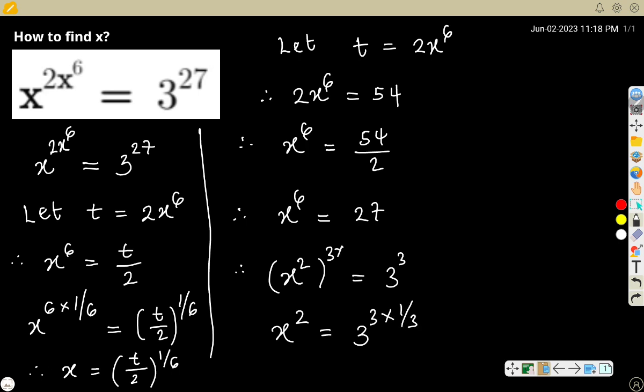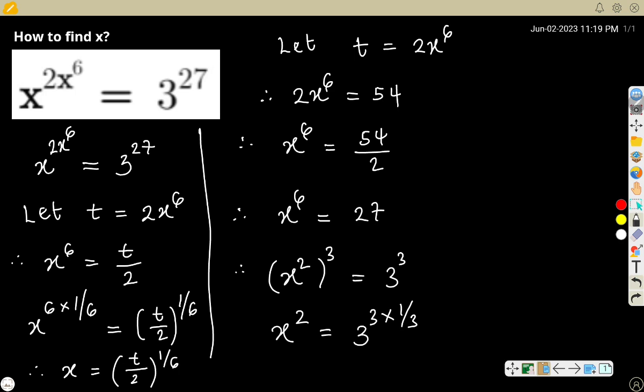So if you multiply both powers by 1 over 3, this one too by 1 over 3, you see 3 will cancel out. So we won't have any power here again. It's power 1 outside now. But we'll have times 1 over 3 here too. So 3 will still cancel out here too.